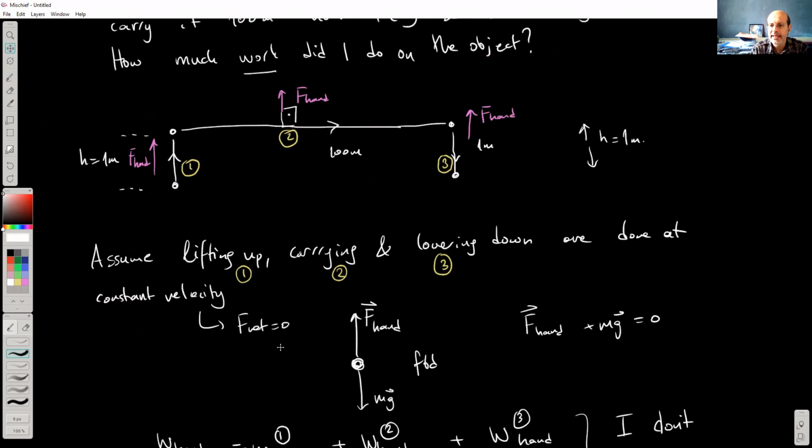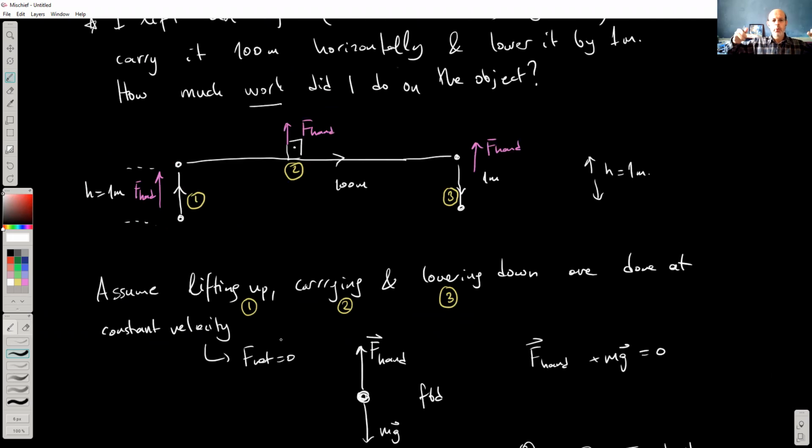All right, let me just say it like this. When I'm lifting an object up or lowering it down, doesn't matter, what happens is that my muscles are also doing something, right? There's some kind of a displacement in there too. So when I'm lifting an object up, that's not the only work that I do, right?